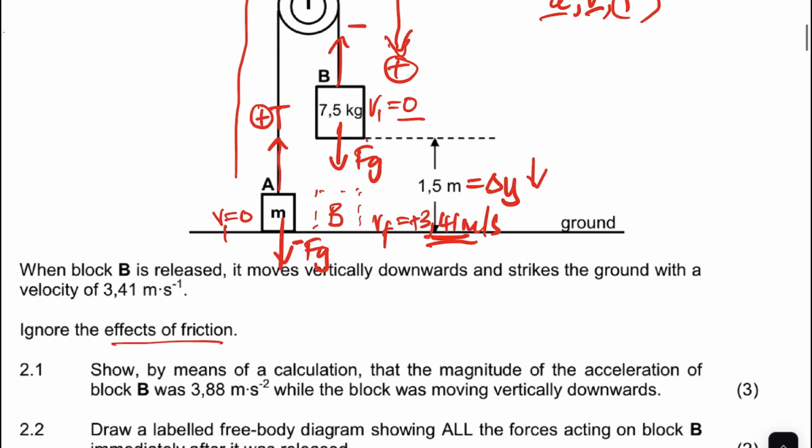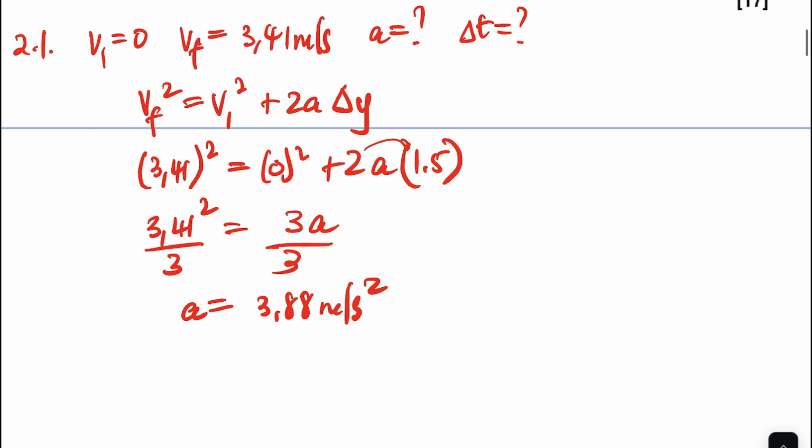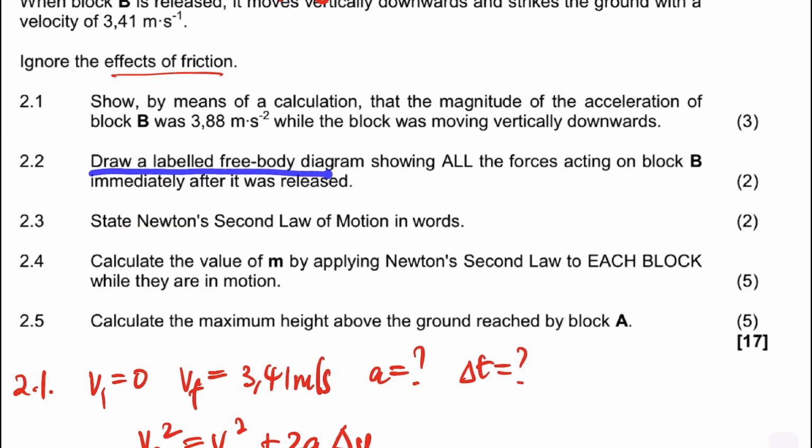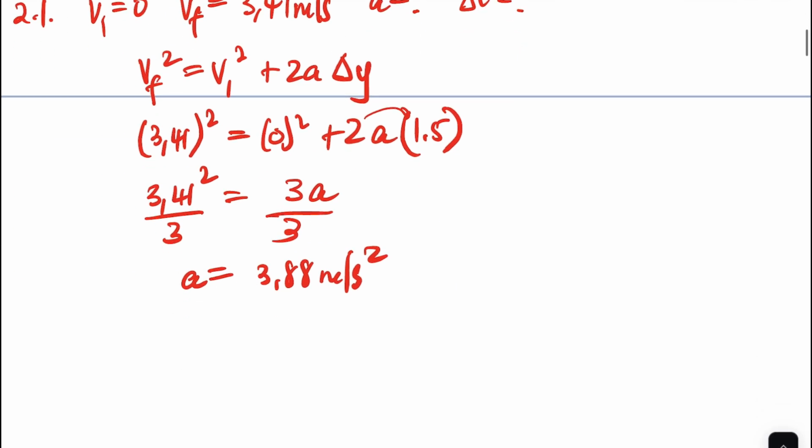So it simply means that block A accelerates by 3.88 upwards, and block B accelerates by 3.88 downwards, right? Now in 2.2 it says draw and label a free body diagram of all the forces acting on B immediately after it's released.